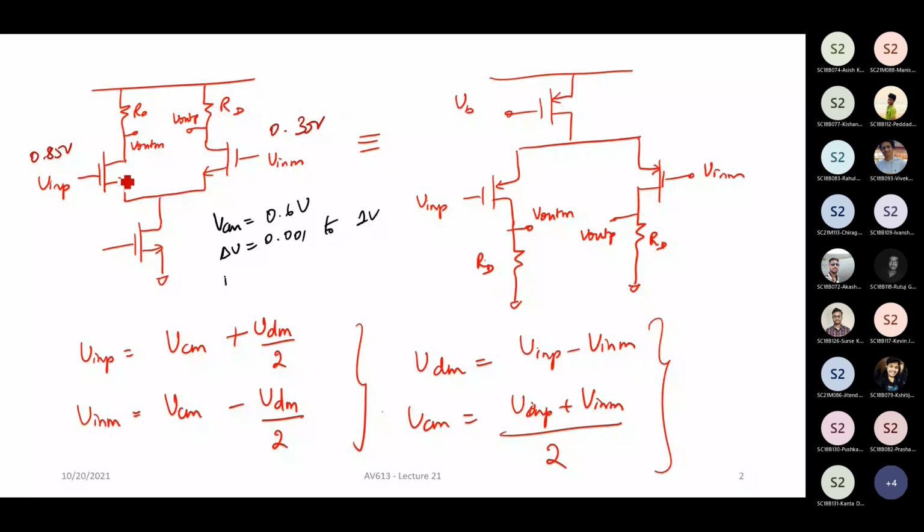What will happen to these two transistors M1 and M2? Both have very different currents flowing through them. Mostly, the entire I tail will flow through M1, and in fact, M2 will almost turn off.